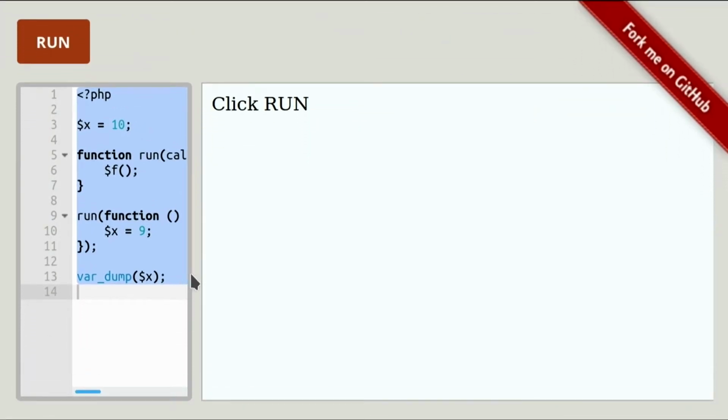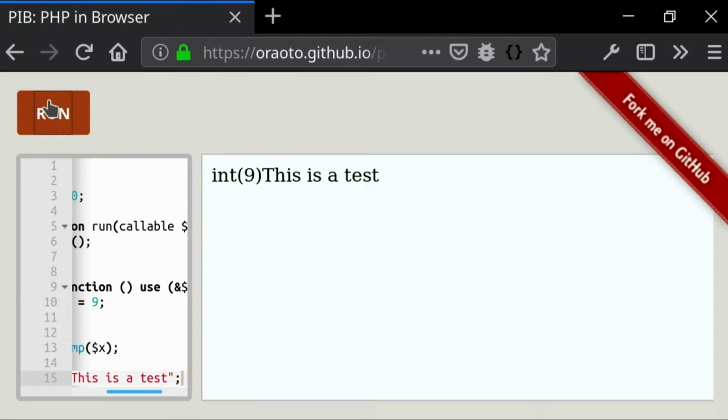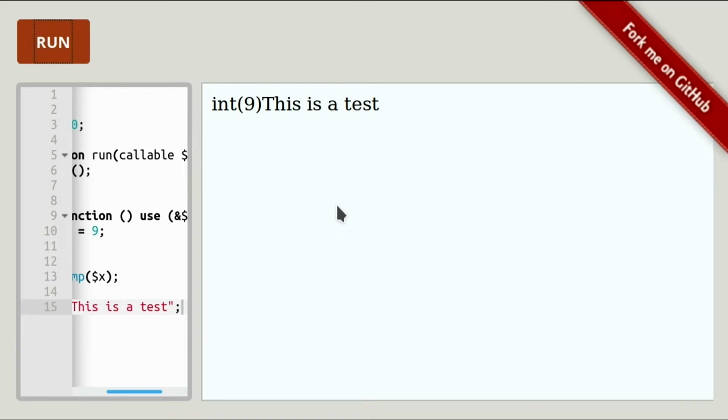It already has some preloaded code. This is the Fibonacci, and you can execute any code like that. For example, echo 'This is a test'. We click on run and execute it. So technically, we can now recycle our PHP code and take it to the web.